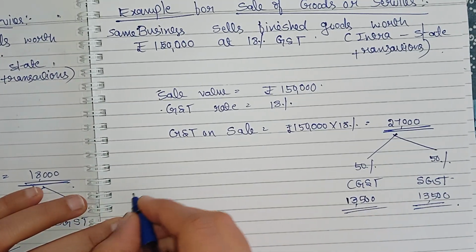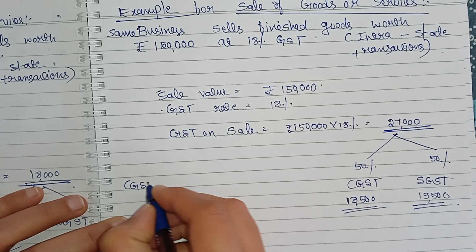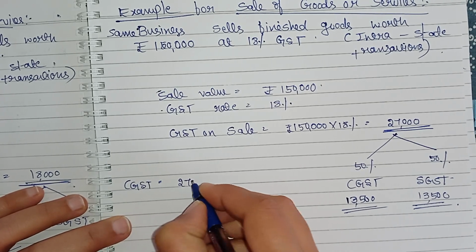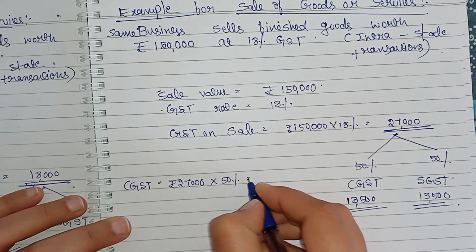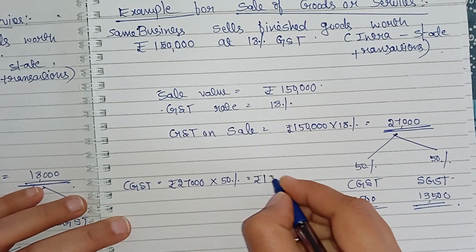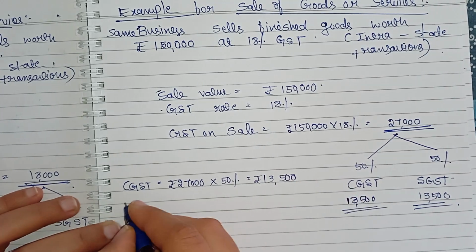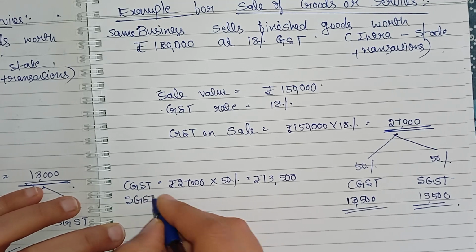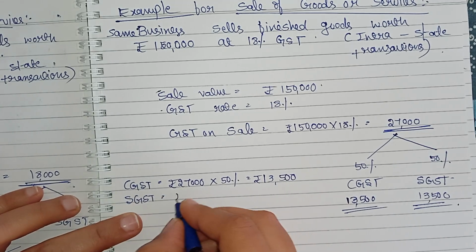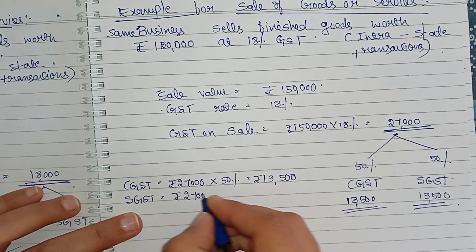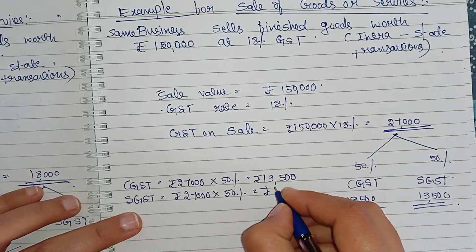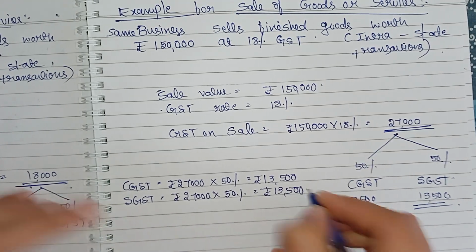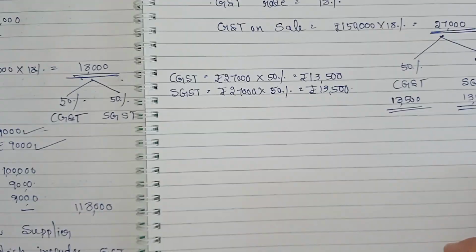So here I will write CGST, 27,000 into 50%, that is equal to rupees 13,500, and the tax going to the state government is rupees 27,000 into 50%, that is rupees 13,500. Now we will write down the journal entry.